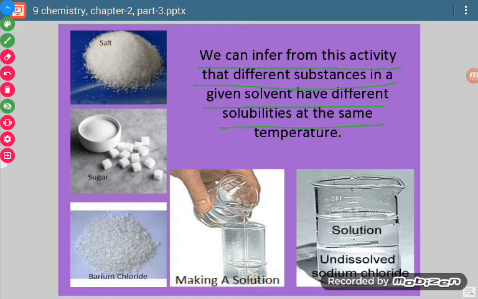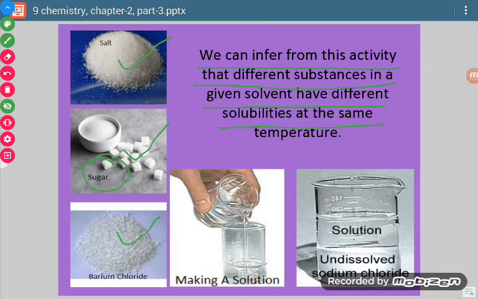From this activity we come to know that if I take different substances, they will have different solubilities. Means if I can form a saturated salt solution by mixing 3 spoons of salt, then it will not be the case for sugar.